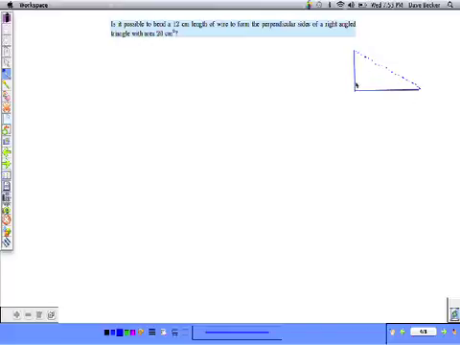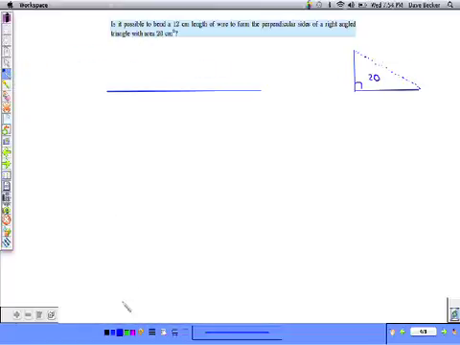It is a right triangle, and its area would be 20. So the question is, would a piece of wire 12 centimeters in length be able to accomplish this? And again, you're just bending this wire to form this right angle that would be the legs of what we're going to think of as an imaginary right triangle.